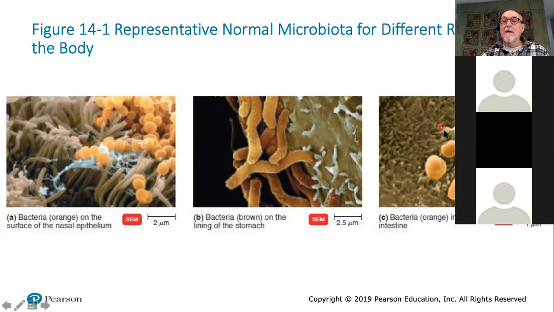And then in the intestines, the intestines have a huge population of bacteria, a very, very diverse, very active population of bacteria, which do all sorts of things for us.